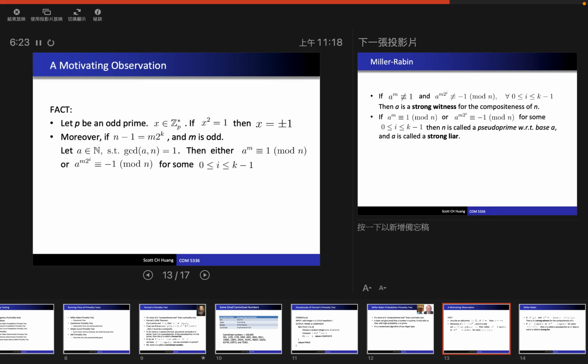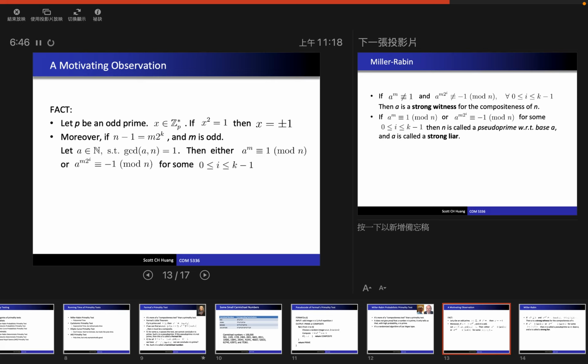Now the thing is, we can keep looking at the numbers before that. For anything here, we know that this number is actually the square root of this, right?